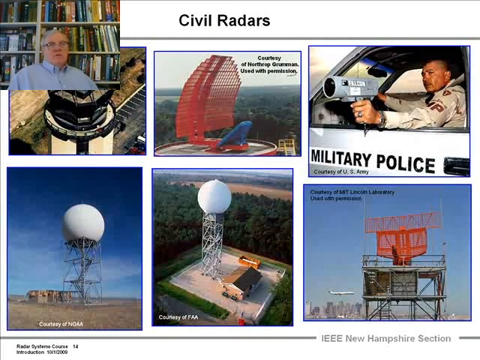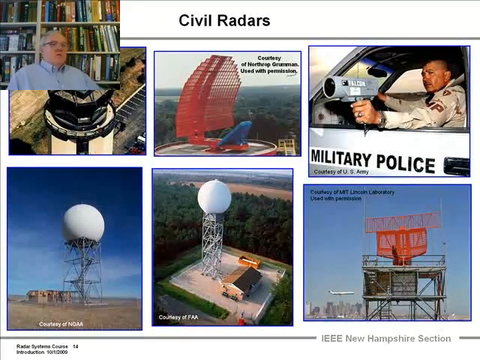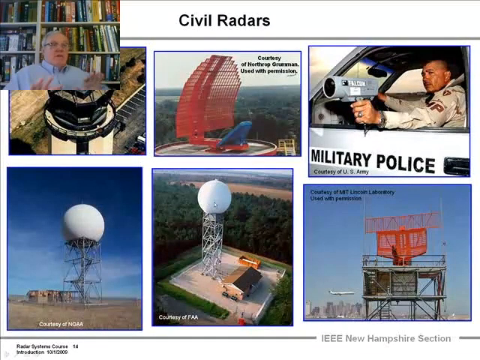Microbursts can occur that have caused deadly, tragic accidents, where planes landing and taking off have crashed into the ground from a sudden change in the vertical wind velocity. This radar is used to detect those microbursts, automatically tell the air traffic controllers, and vector pilots away from landing or taking off from those runways when those events occur.